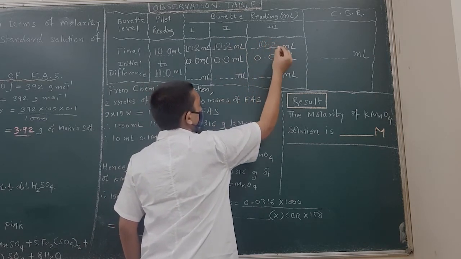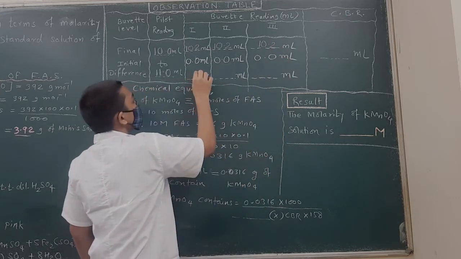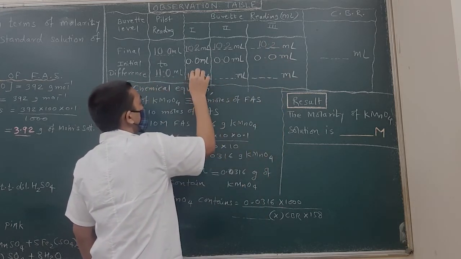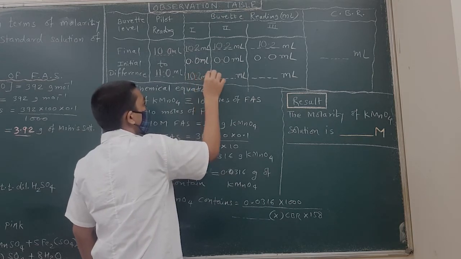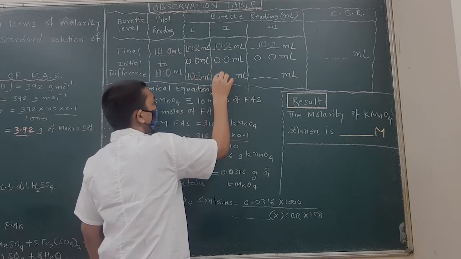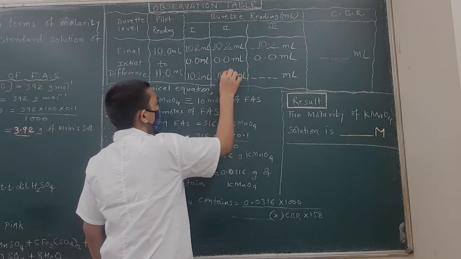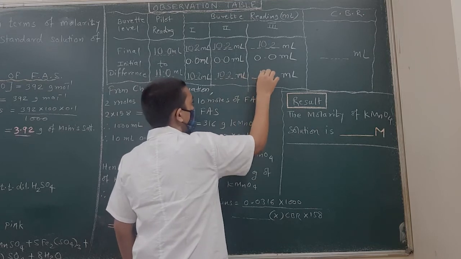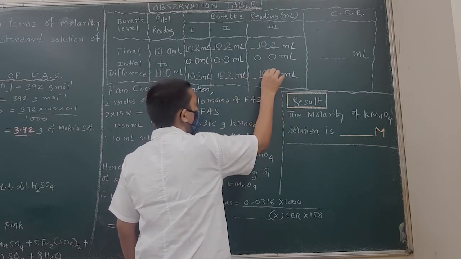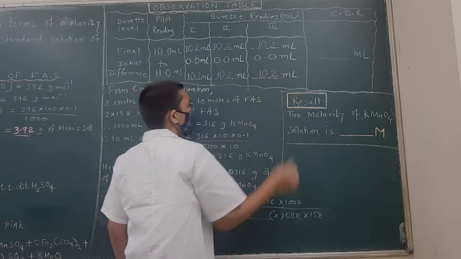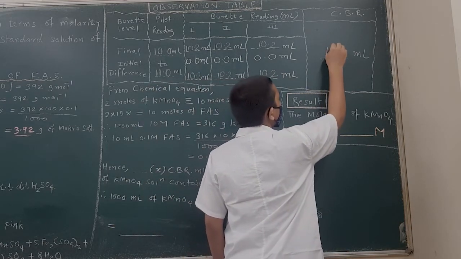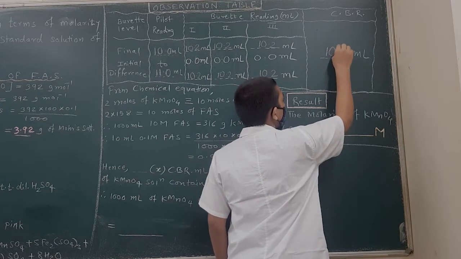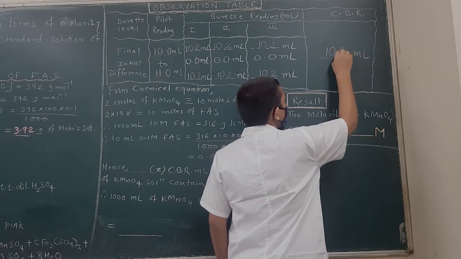In all three cases, the initial reading was 0.0, so the difference is 10.2 in all three cases. As all three readings are the same, our constant burette reading will also be 10.2 ml.